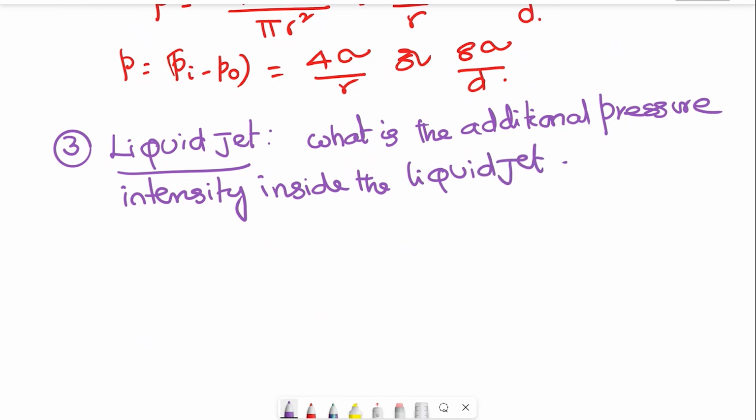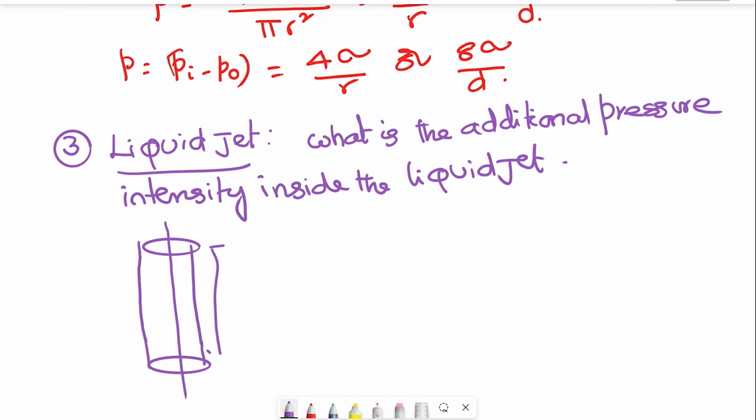Again, consider a liquid jet, which is normally cylindrical. So this is cylindrical, right? Let us say its length is L and the radius is R, and the diameter is naturally d.